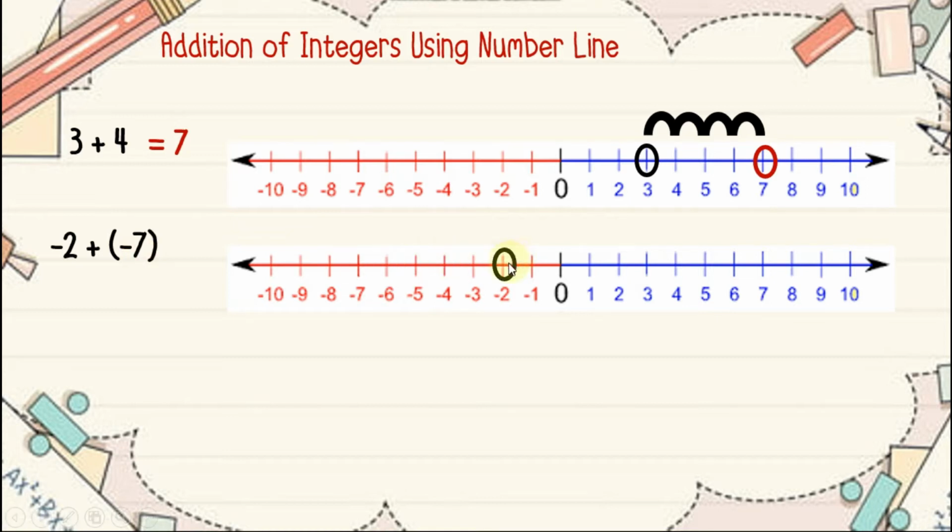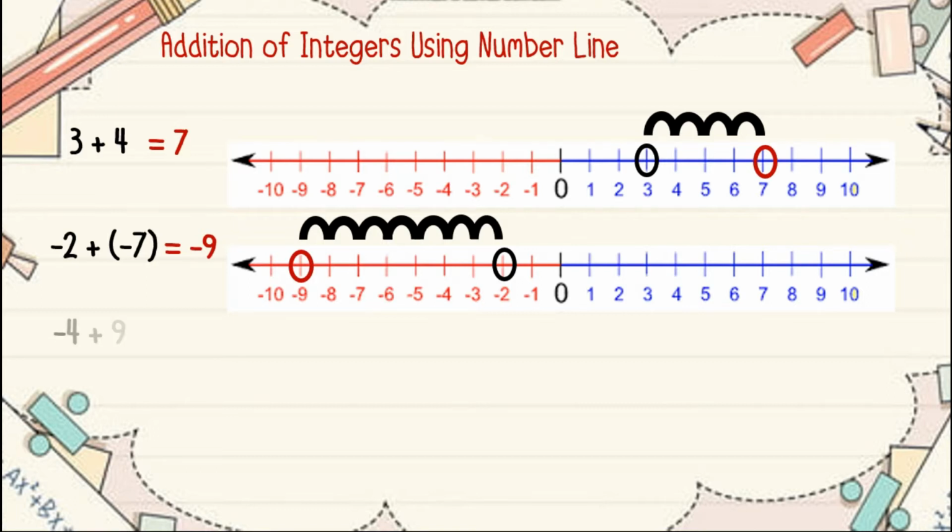So from negative 2, let's move 7 units, again to the left. 1, 2, 3, 4, 5, 6, 7. It ended up on negative 9, meaning to say, negative 2 plus negative 7 is negative 9.